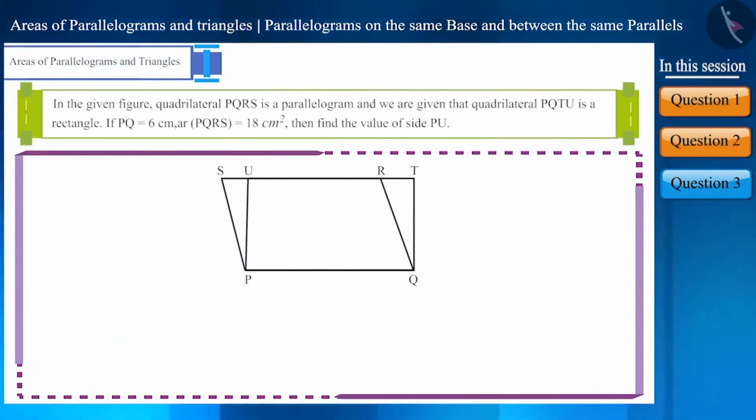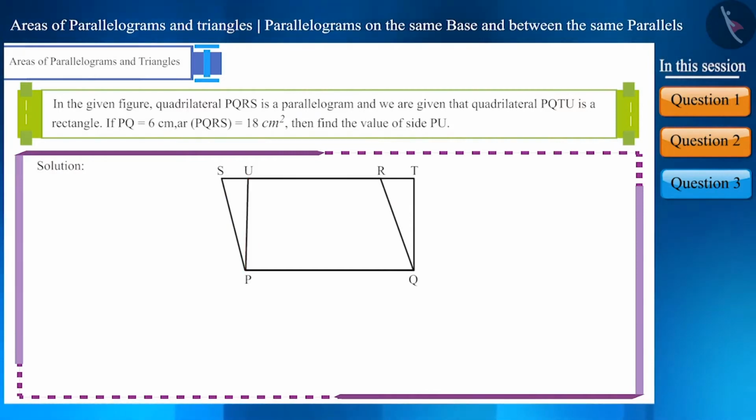In the given figure, quadrilateral PQRS is a parallelogram and we are given that quadrilateral PQTU is a rectangle. If the length of side PQ is 6 cm and if the area of parallelogram PQRS is 18 square centimeter, then find the value of side PU.